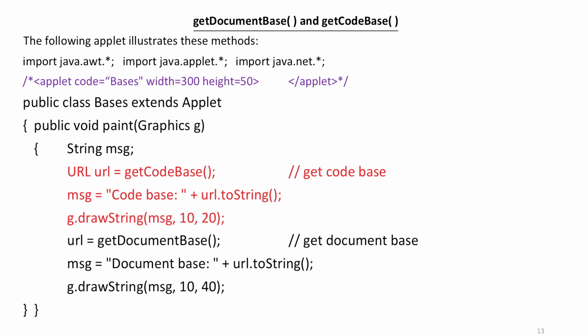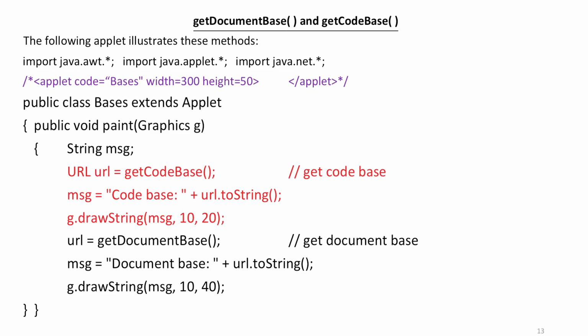So, msg is a variable, and this msg variable will be displayed at the 10, 20 coordinate. So, msg equals codeBase plus url.toString. getCodeBase will access the code file, the code file of the HTML code, so it will access the HTML file.